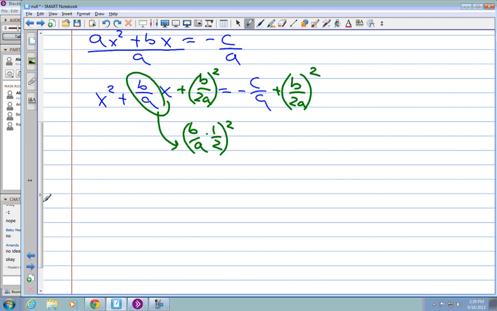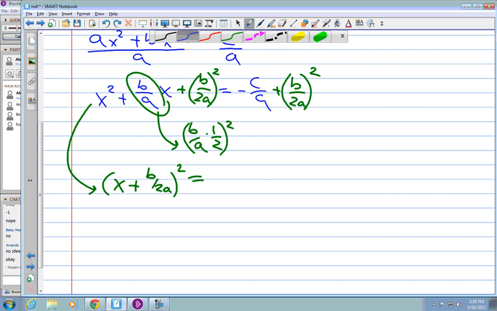Right? That's how we do completion of the square. You take the term in the middle, half it, square it, add to both sides. So automatically the left-hand side is x plus b over 2a squared. That's just your formula for the square. It does that for you.